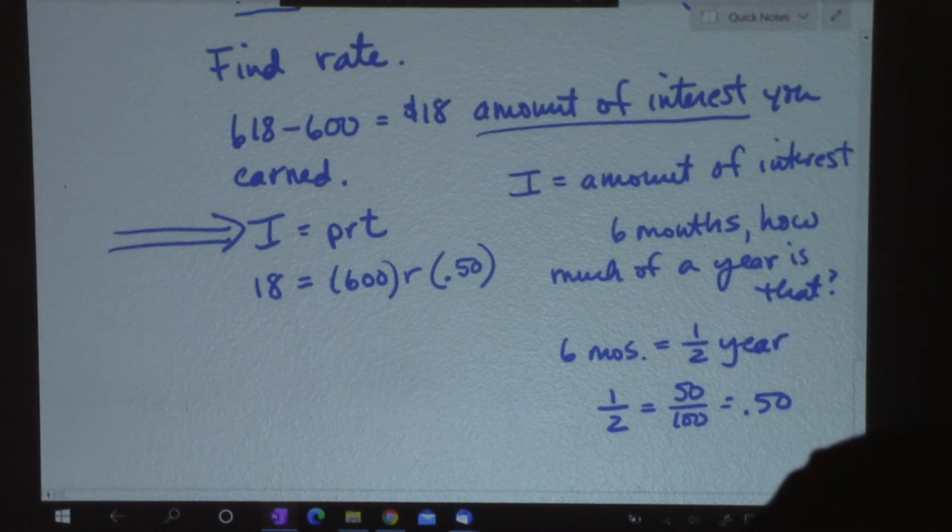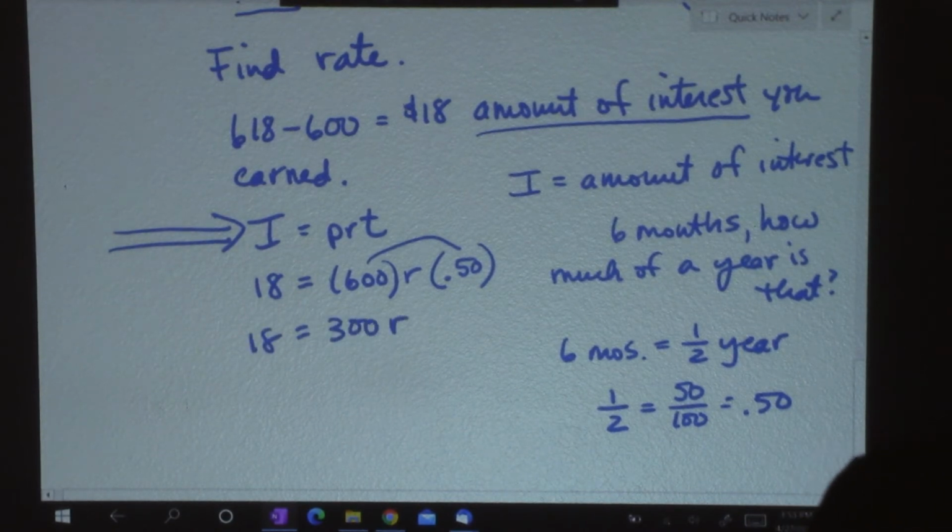So I'm going to multiply 600 times 0.5, which is 300. Now I want to get R by itself. Remember that? I'm going to divide by 300 on both sides, and that makes this go away.